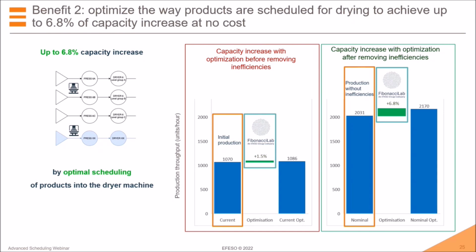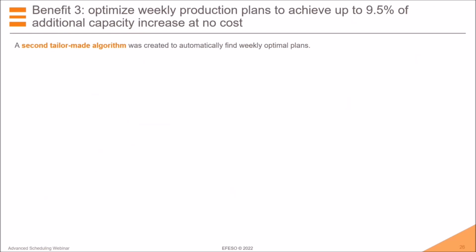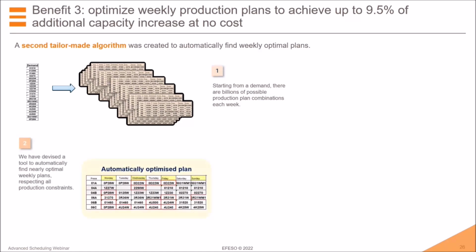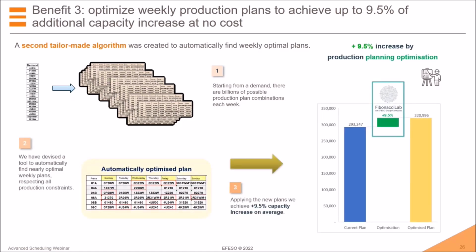Of course, it's not just a matter of finding daily optimal plans. In the next slides, we can see that most of the benefit can be achieved by considering the overall weekly and monthly plans. In a complex system, the way you plan long and mid-term definitely impacts the short-term planning and, of course, production capacity. In our case, we started from a demand and a long list of SKUs, requested amounts, delivery dates, stocks, and supply availability.